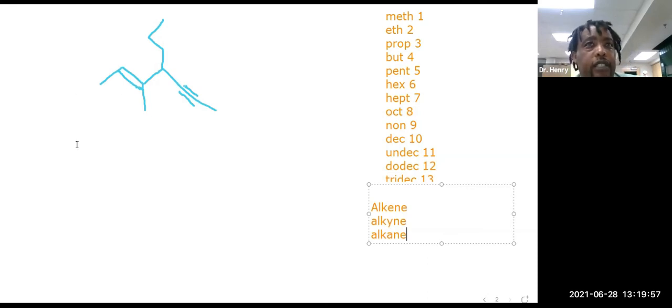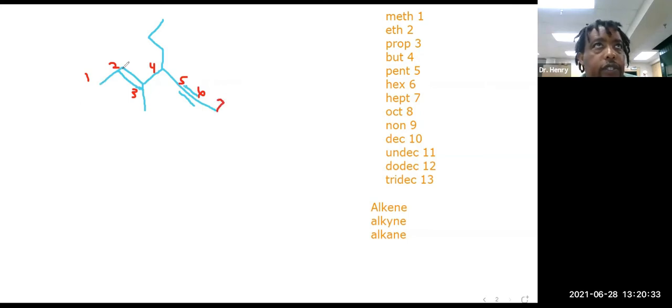So if we go through and name this, we want to try to get the lowest numbers. So we have the longest chain first, 1, 2, 3, 4, this is 5, this is 6, this is 7.